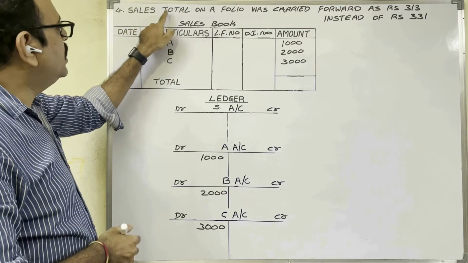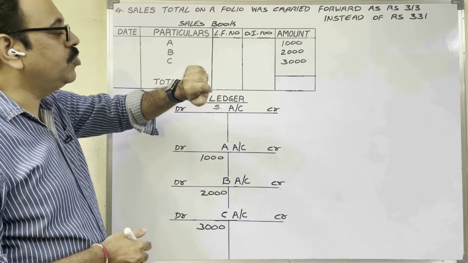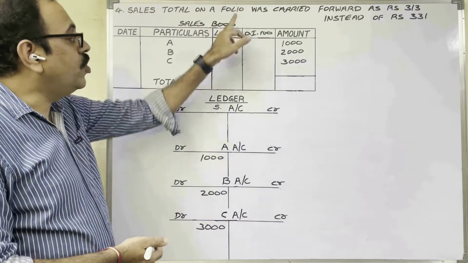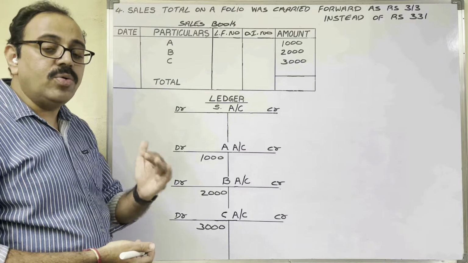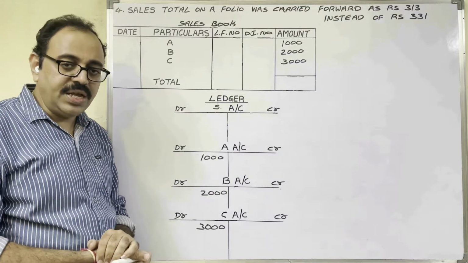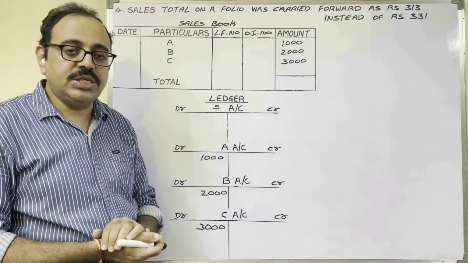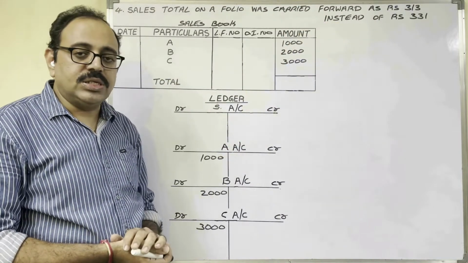Fourth point, sales total on a folio was carried forward as 313 rupees instead of 331 rupees. Folio means page. While preparing sales book, accountant did one mistake. That is, one page total we should carry forward to next page. One page total is 331 rupees.